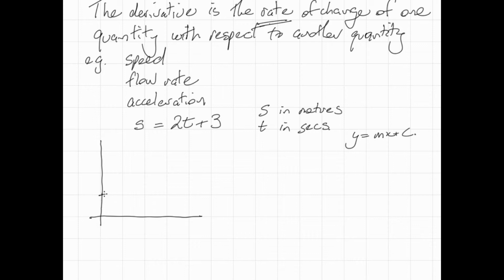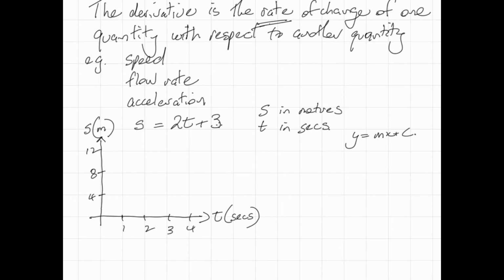So we'll go up 4, 8, and 12. Let's just do over the first 4 seconds. And S is a common abbreviation for distance or displacement, so that'll be in metres.